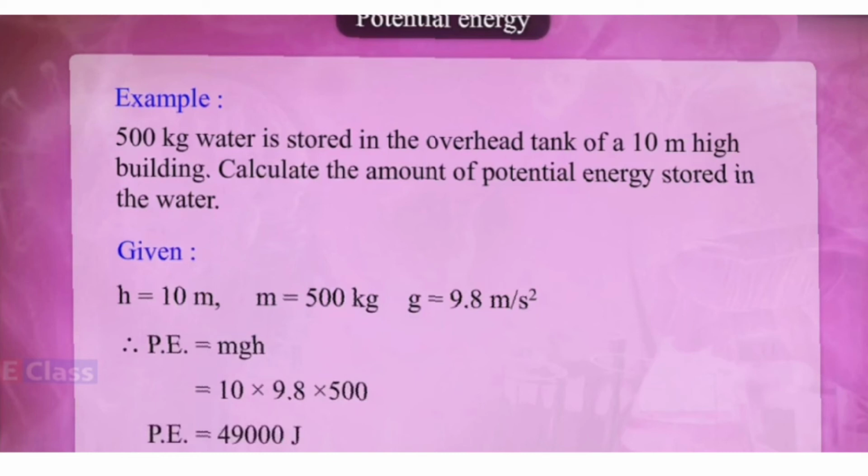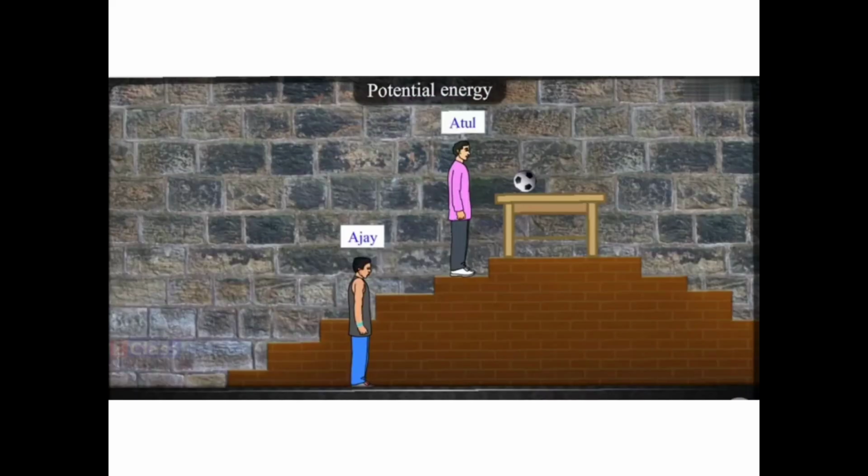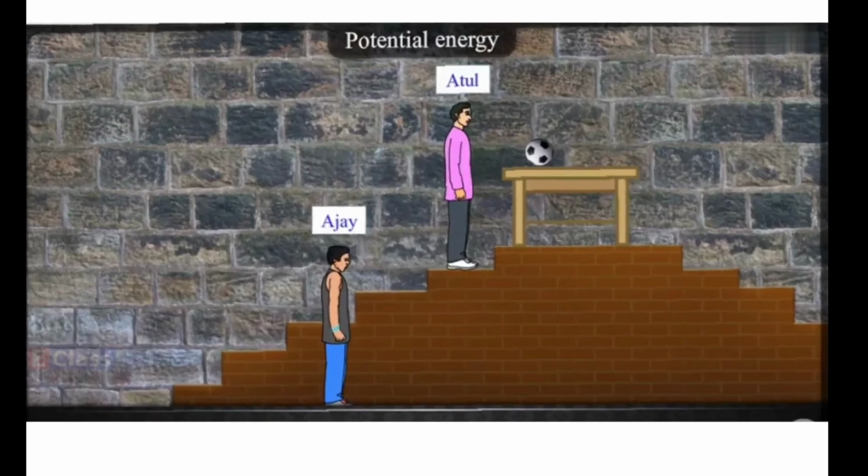Mass is 500 kg and you have g as 9.8. Potential energy is mgh. So 10 into 9.8 into 500. So PE is equal to 49,000 joule. Simple substitution and calculation because all the things are in the same MKS units.